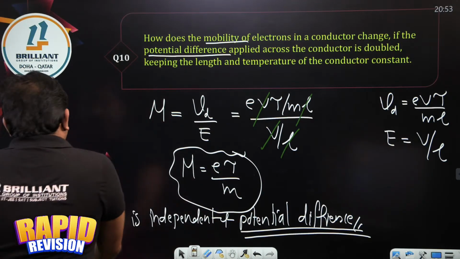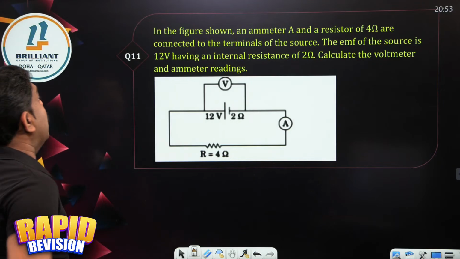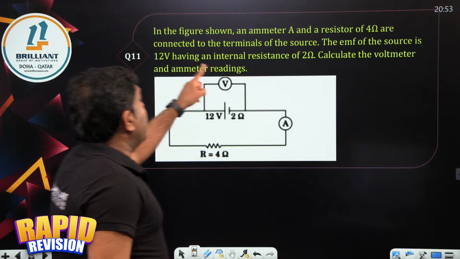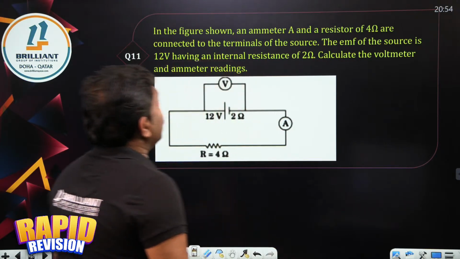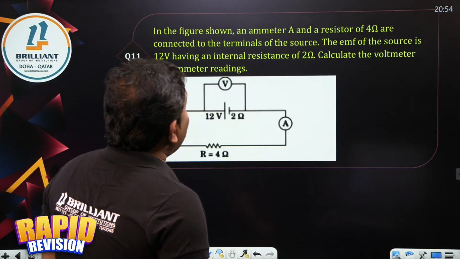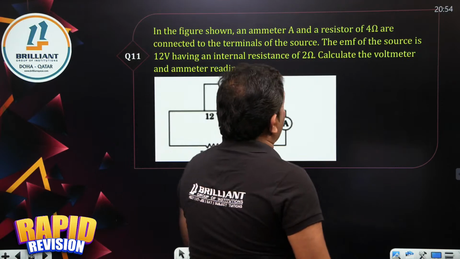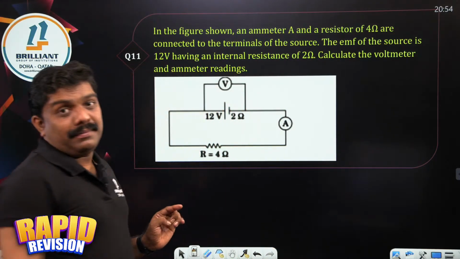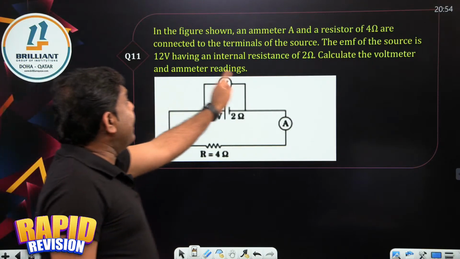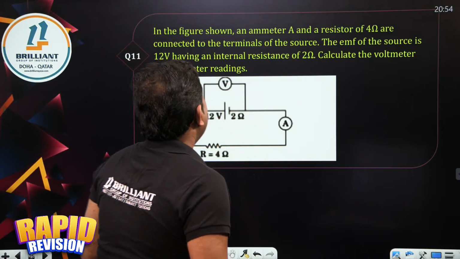Now we are explaining the next question, question 11. In the figure shown, an ammeter A and a resistor of 4 ohm are connected to the terminals of the source. The EMF of the source is 12 volt, having an internal resistance of 2 ohm.